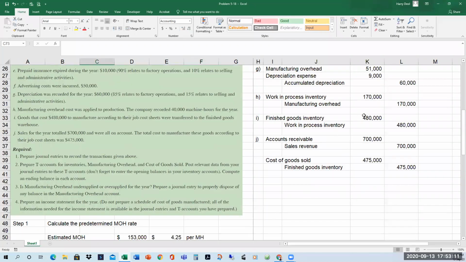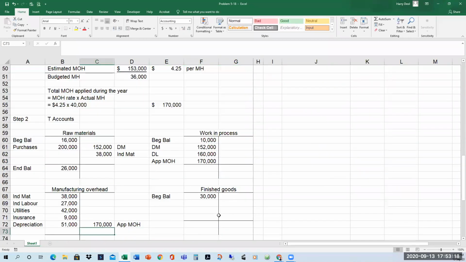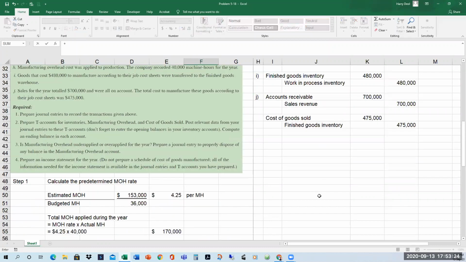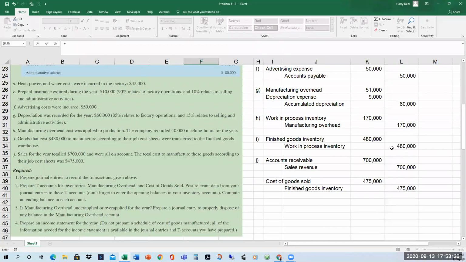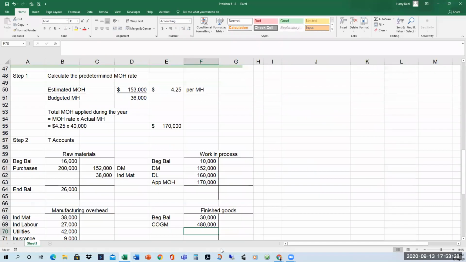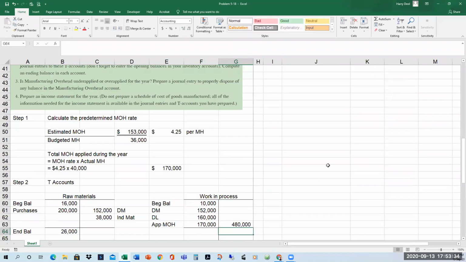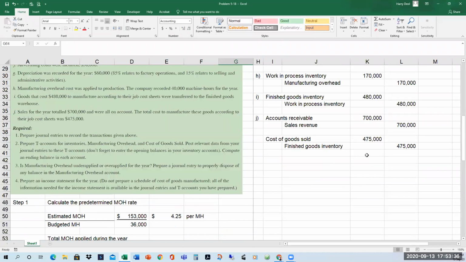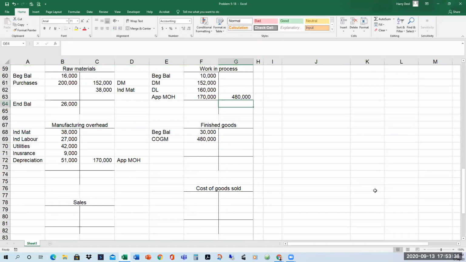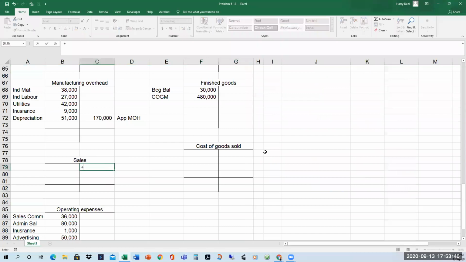Then for the finished goods that were transferred out from the factory, debit finished goods inventory, 480,000. So that's the cost of goods manufactured, $480,000. And credit work in process for that $480,000. For sales revenue, you want to credit sales revenue for $700,000.